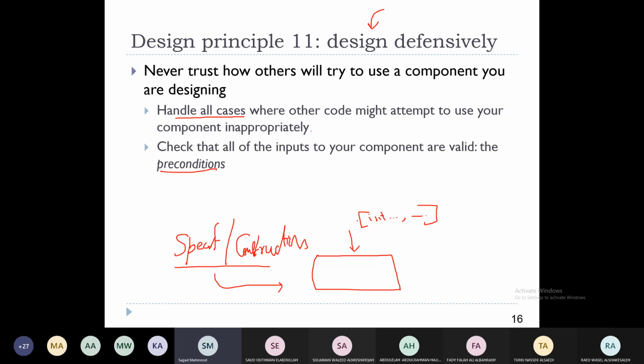So you can keep in your mind these 11 rules, and then use the techniques you have learned over the semester, and as a byproduct, you will get them anyway. But you have to keep in mind that when I'm designing my system, I have to think about its robustness. And when I'm designing my system, I have to think about its portability, if that is the case, or how I can make my system more modular so that it becomes easy for testing, and so on and so forth.